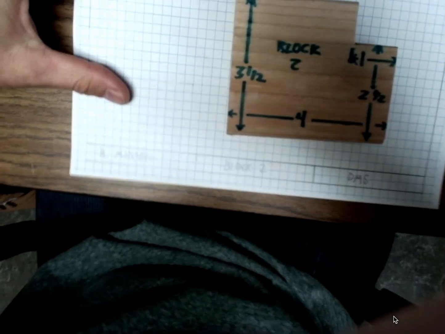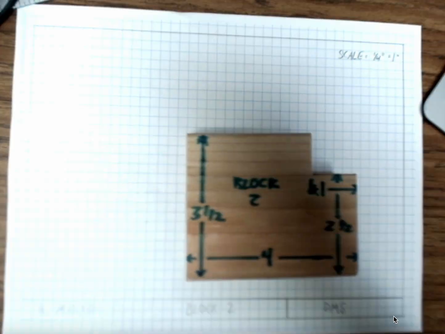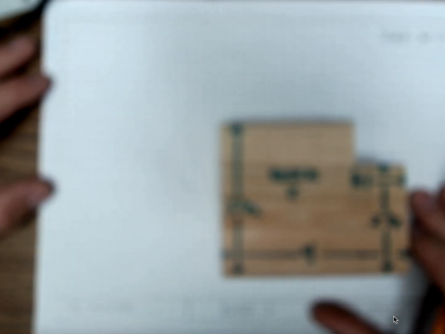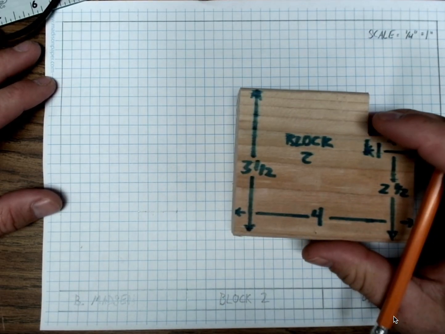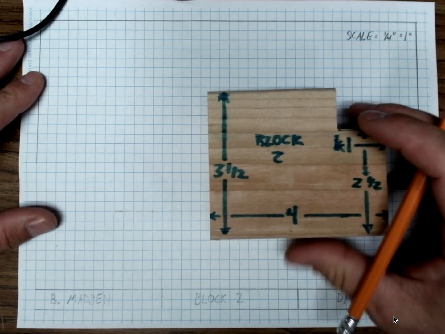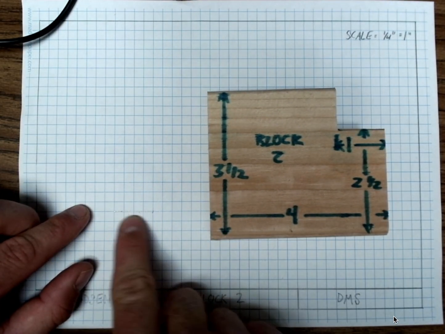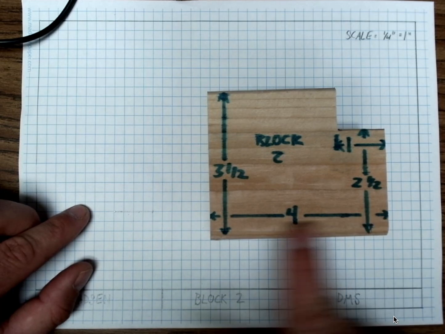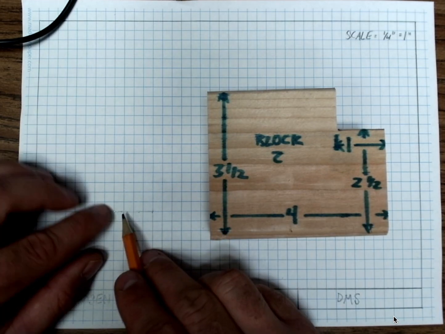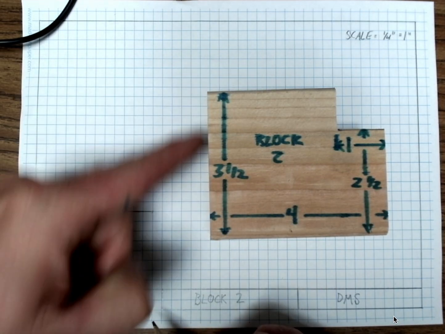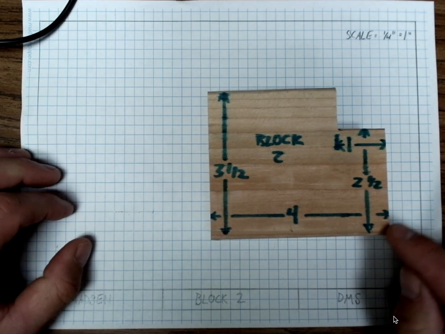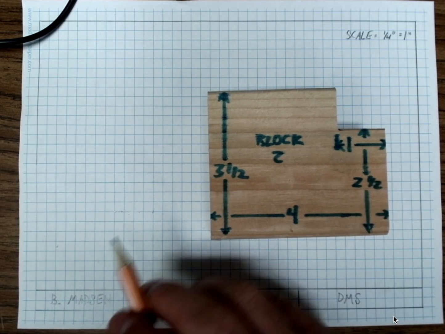I'm going to try to adjust my camera real quick and get rid of that glare for you guys. Zoomed in a little bit. Hopefully that helped some. Anyway, there's a 4 inch line, or 4 square line, which is my 4 inch bottom. Then I need to do my sides. My left side says it's 3.5. My right side says it's 2.5.